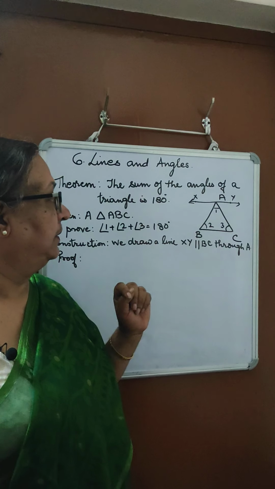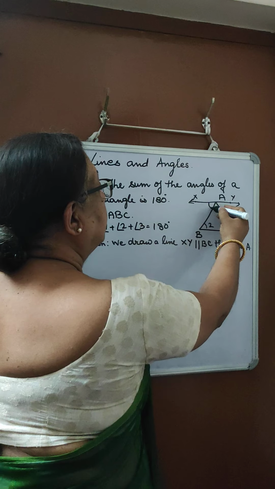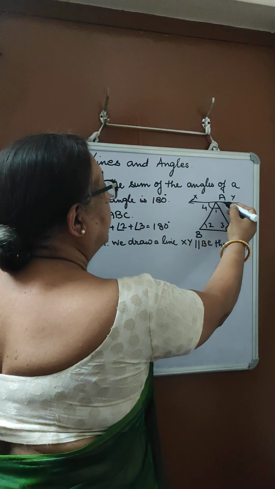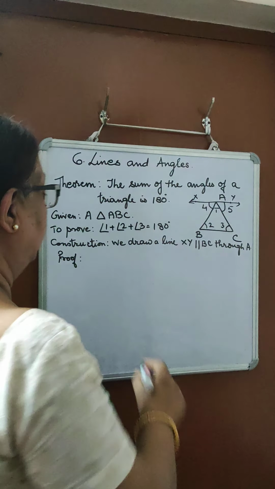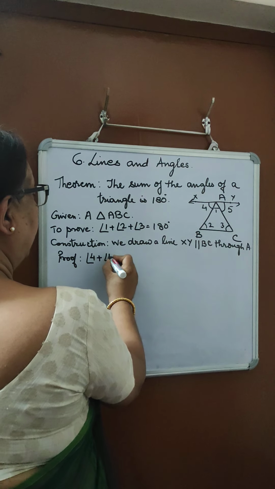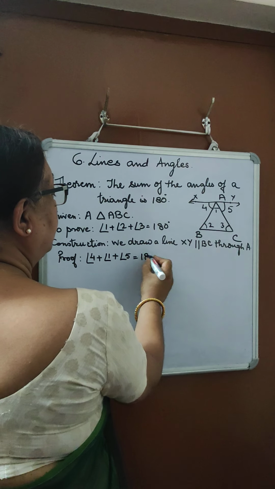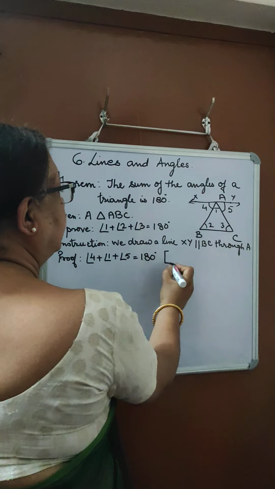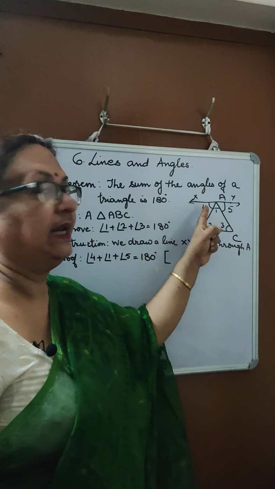Now you see here, I name this angle 4, and this angle 5. Now you see here, angle 4 plus angle 1 plus angle 5 is equal to 180 degrees.